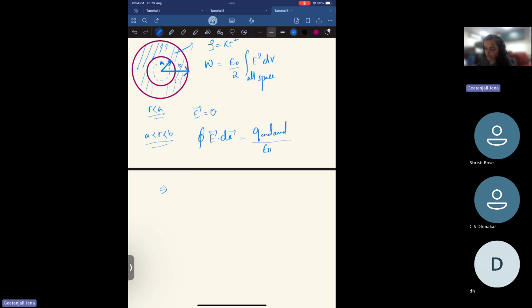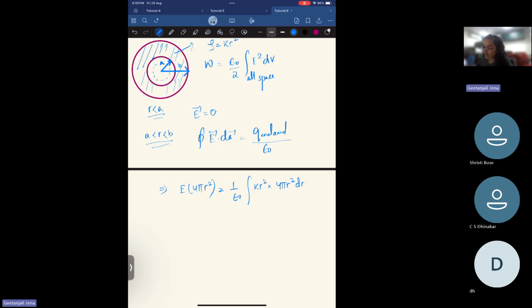For this spherical shell, you need to take the spherical Gaussian surface. So it will give E 4 pi r square, and Q enclosed will be rho dV. So rho is k r square, and dV is 4 pi r square, because theta and phi are integrated over the whole range, so that is why you can take 4 pi r square.